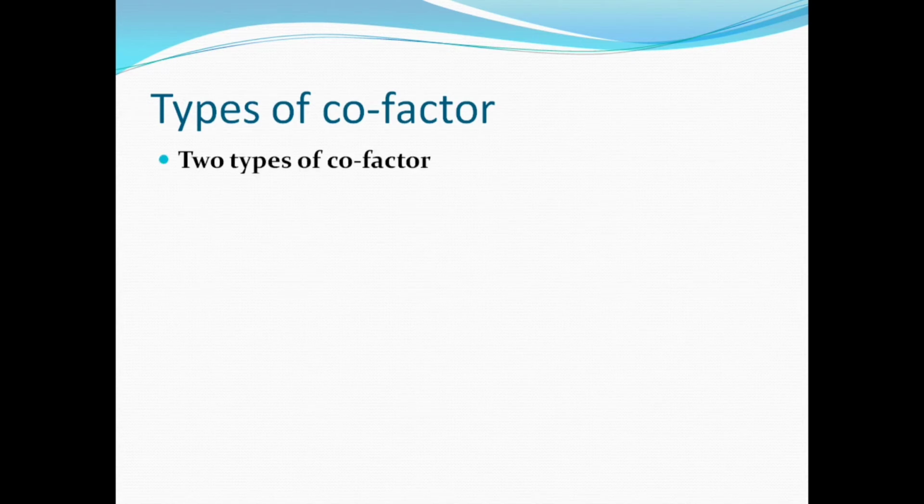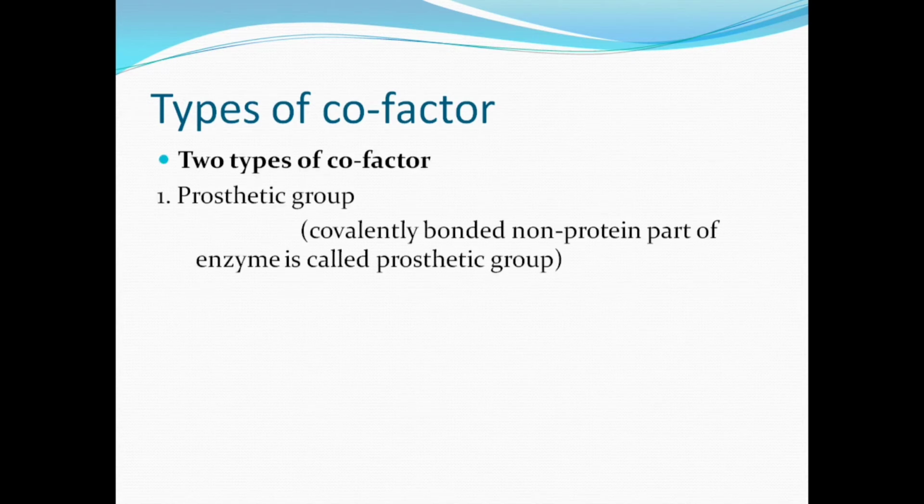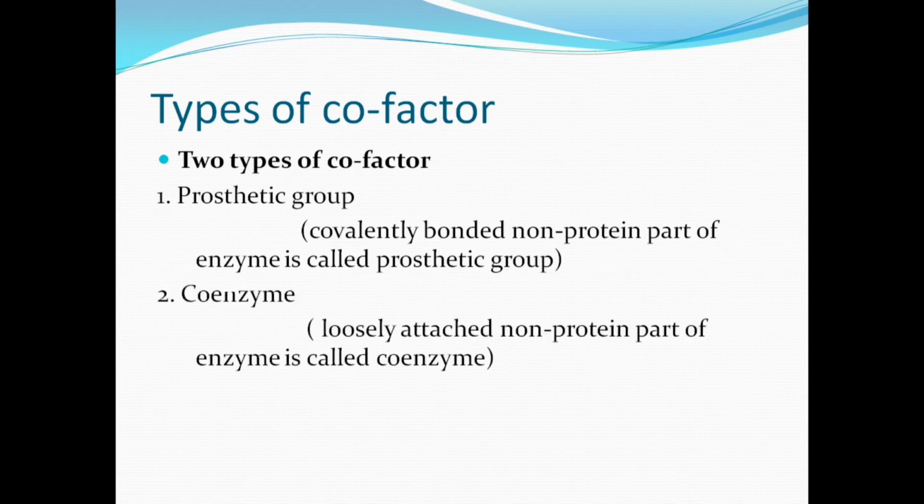There are basically two main types of the cofactor. First is the prosthetic group. Enzymes are the protein part and cofactors are the non-protein part, and if this non-protein part joins with the enzyme covalently, binding very tightly, then this cofactor is called a prosthetic group.